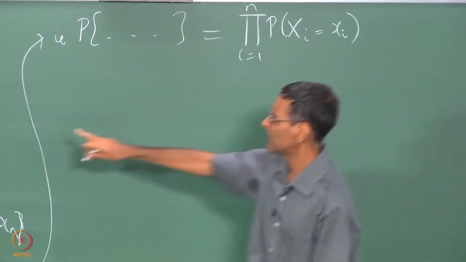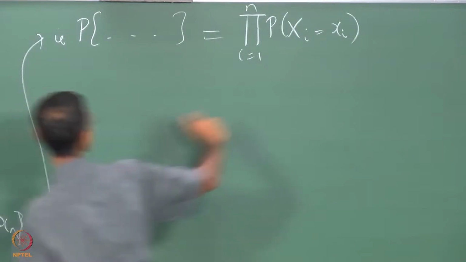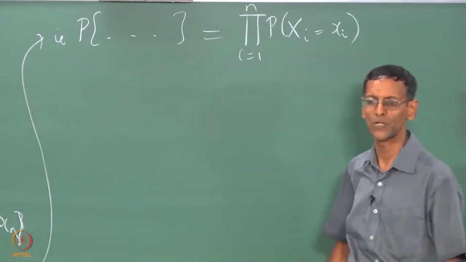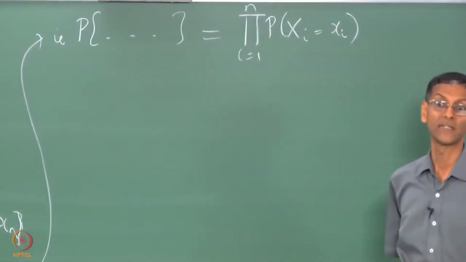Remember I said Xi is based only on the ith trial, so this small xi is a number which comes out only of the ith trial and nothing else.